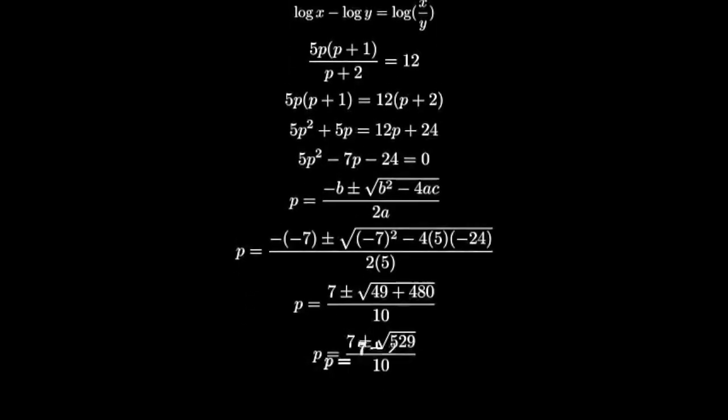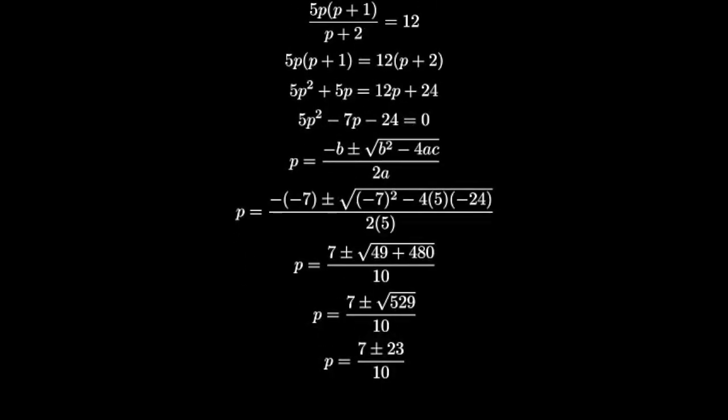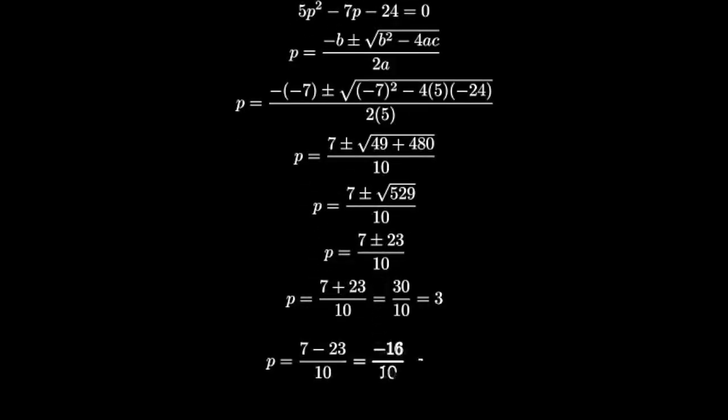This simplifies to 7 plus or minus the square root of 529, divided by 10. The square root of 529 is 23. So we have two possible solutions for p. p equals (7 plus 23) divided by 10, which is 30 divided by 10, or 3, and p equals (7 minus 23) divided by 10, which is negative 16 divided by 10, or negative 1.6.